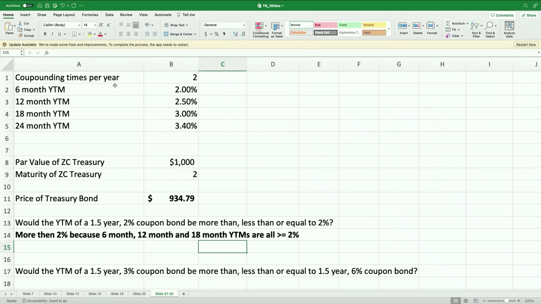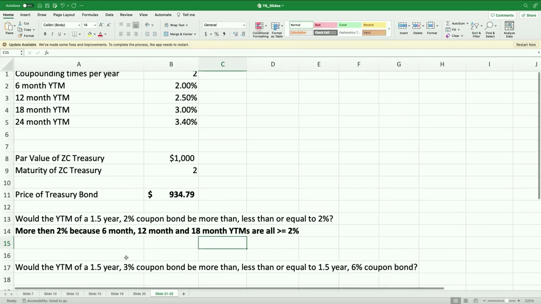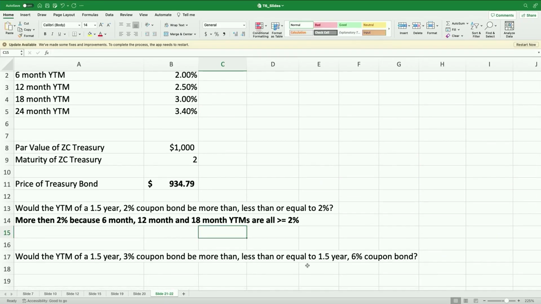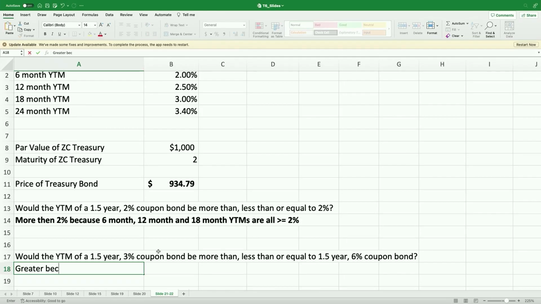So let's write something like that. So would the yield to maturity of the 1.5-year 3% coupon bond be more than, less than, or equal to the 1.5-year 6% coupon? The 3% coupon bond will be greater because the 3% coupon bond will have more weight at later periods which have higher yield to maturity.